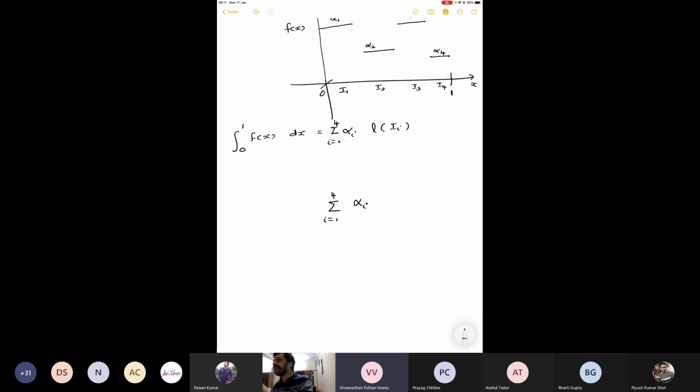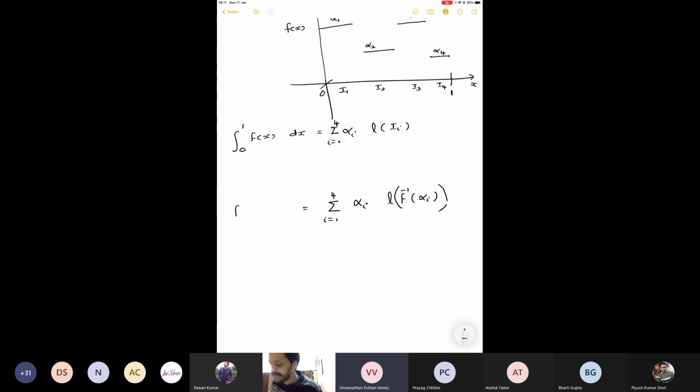So look at the range. There are 4 different values, alpha 1, alpha 2, alpha 3, alpha 4. You consider f inverse of these. These f inverse of alpha i will be subsets of the domain. You consider the length of that, and then multiply with the distinct values assumed, alpha i.